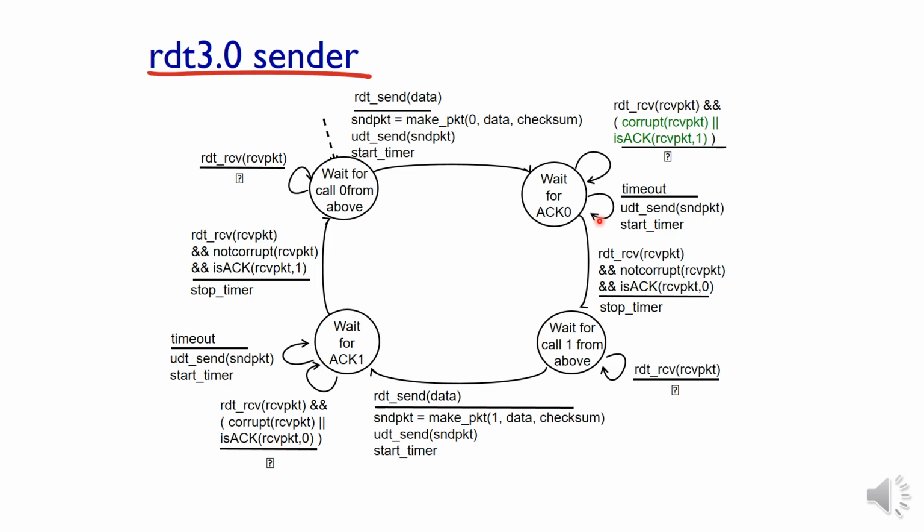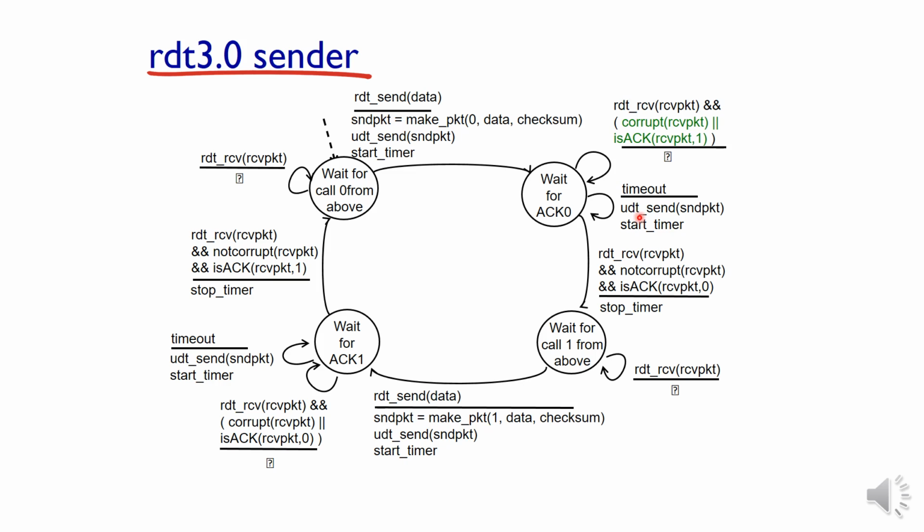But in the case of a negative scenario, that is, waiting for acknowledgement 0, the acknowledgement is timed out. That is, it is waiting for acknowledgement, but the acknowledgement is not received after a reasonable amount of time.